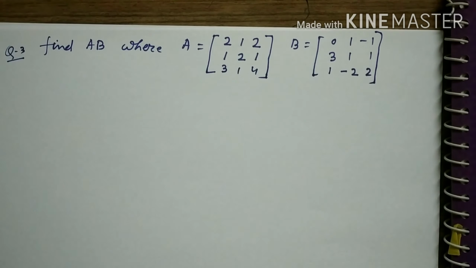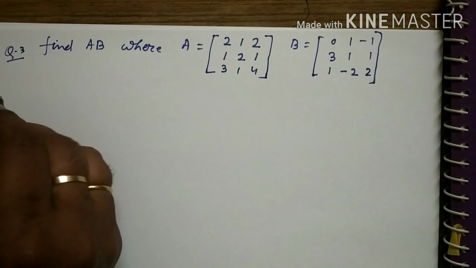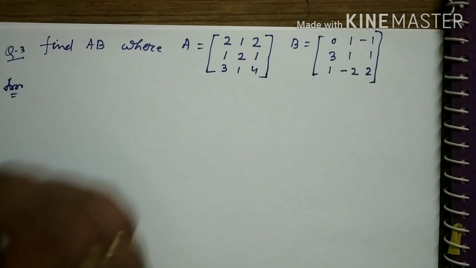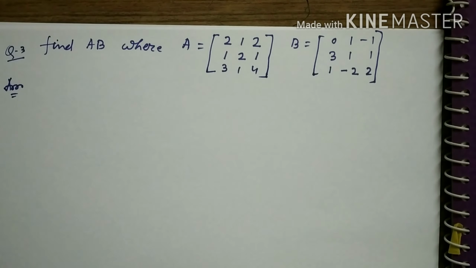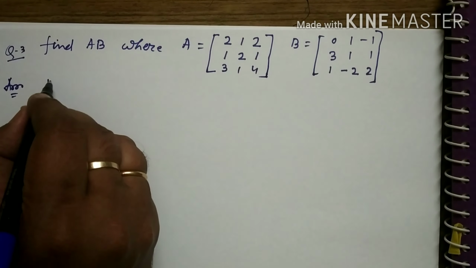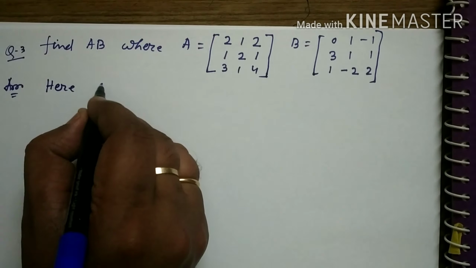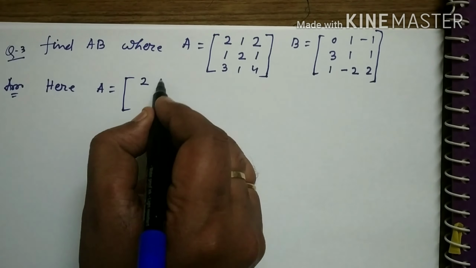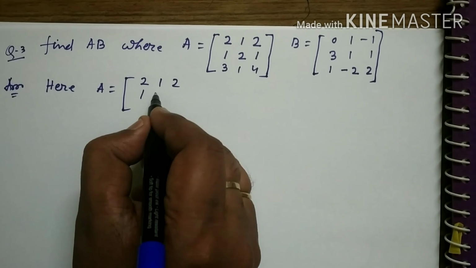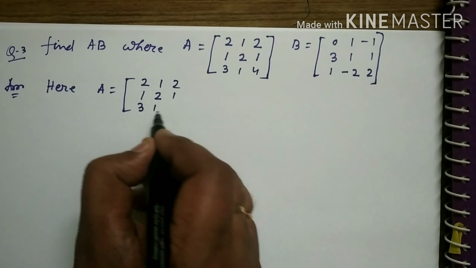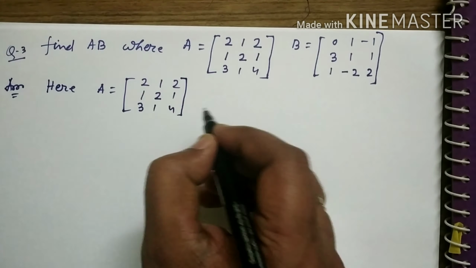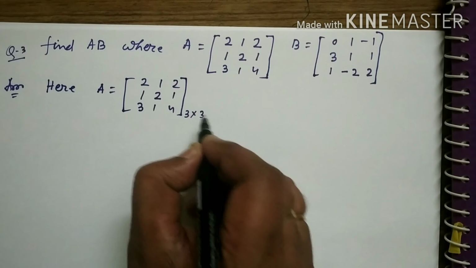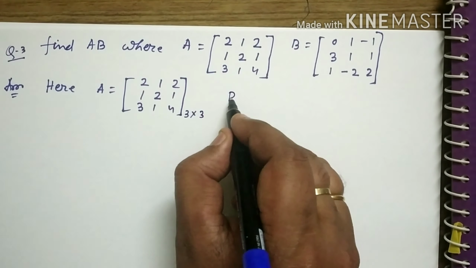Okay, try to understand the answer. Here, A is equal to [2 1 2; 1 2 1; 3 1 4]. What is the order? 3 rows, 3 columns, so you should write 3 cross 3. What is B?